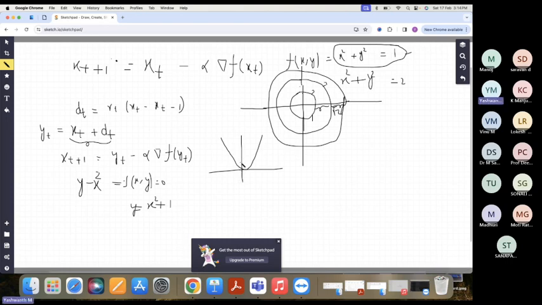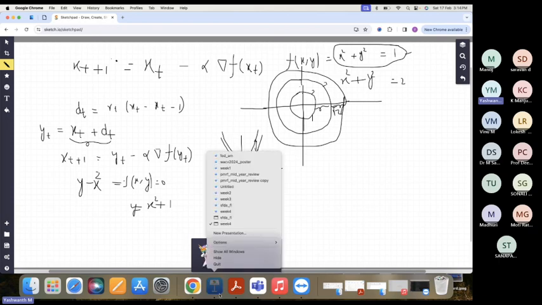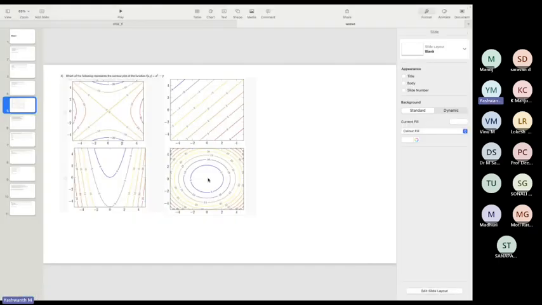At x equal to 0, this value is 1. So something like this. The distance between any two points will be 1 in this two and this two. So that's how you have to find out the level sets. Any guesses what can be the equation of f of x y for the last case?